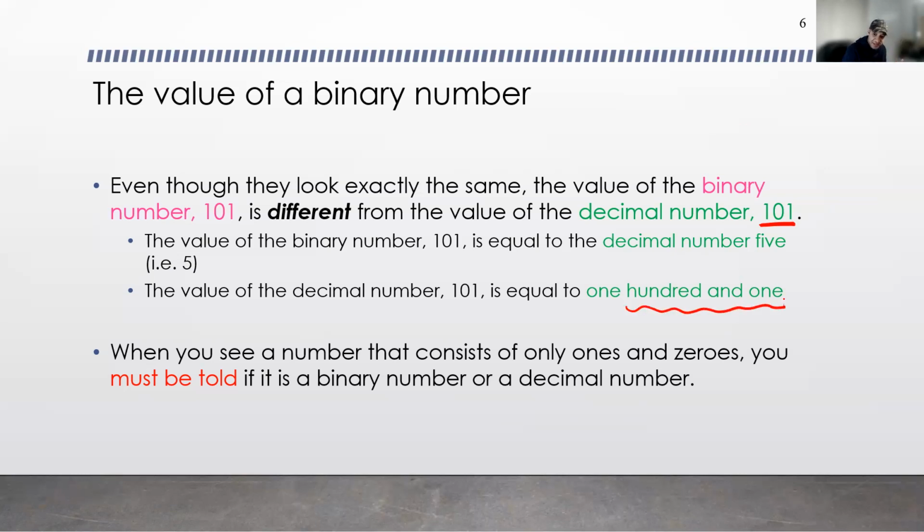But in binary, 101, you should convert it. So 1 multiplied by 2 to the power of 2, plus 0 multiplied by 2 to the power of 1, plus 1 multiplied by 2 to the power of 0. I'm sorry, this is 0. So this will be 4, because 2 to the power of 2 is 4, plus 0 plus 1. This is 5.